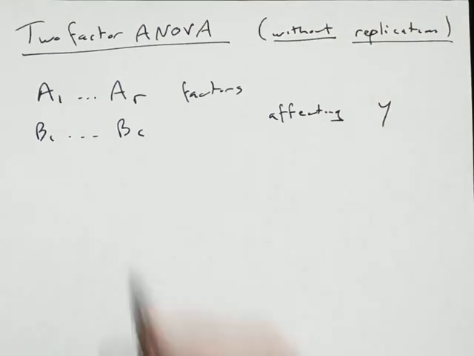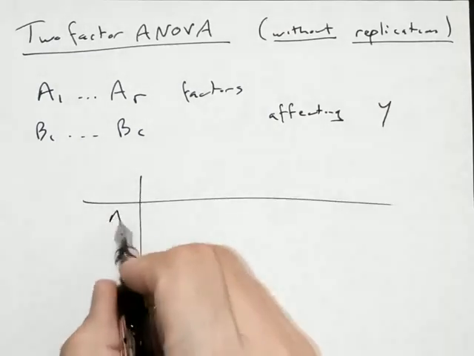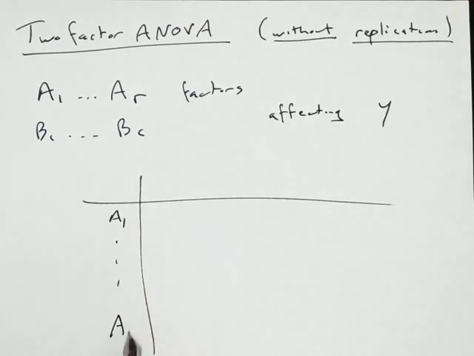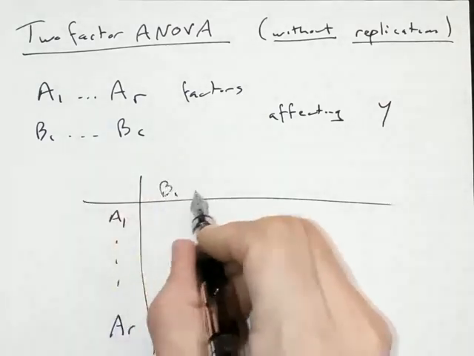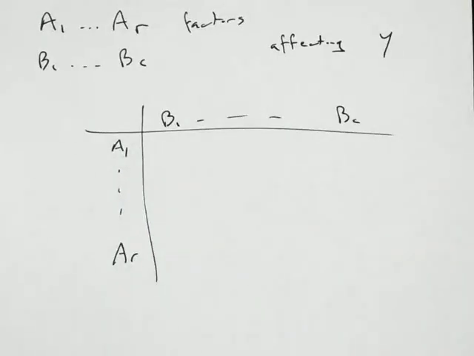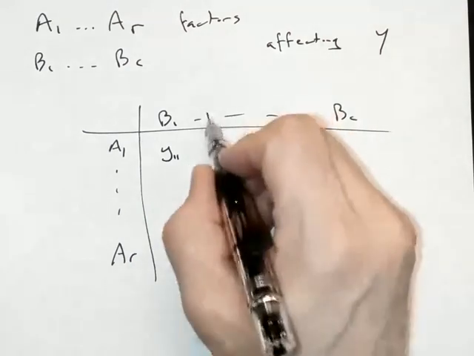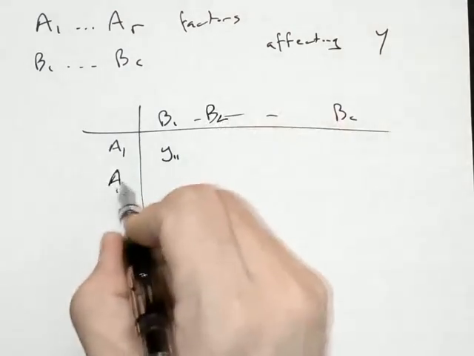So I'm going to write out the combinations in a table. I'll list all the factors A in rows, A1 through AR, the number of rows I've got, B1 through BC in columns. And then for each possible combination, I will get a sample. The first A factor, the first B factor. Let me actually write in B2 and A2.